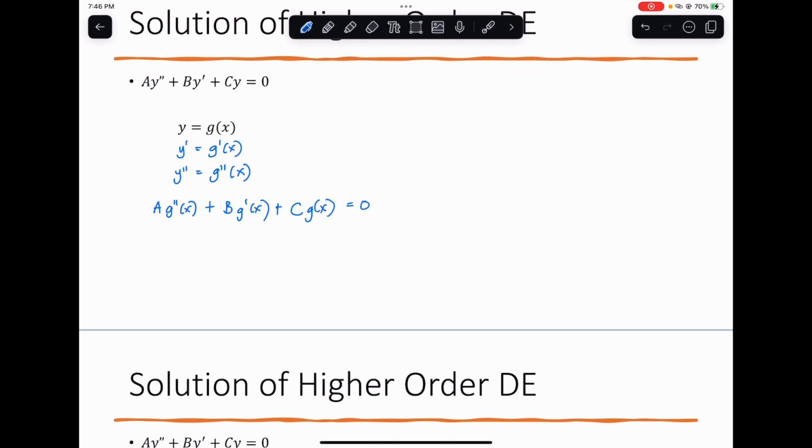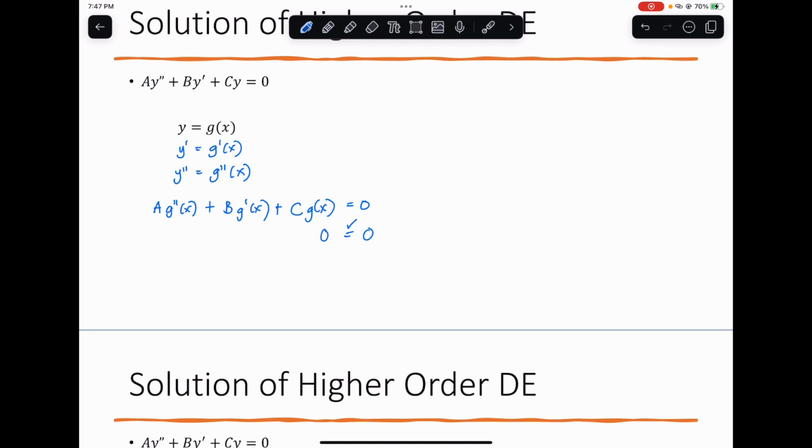As you can see here, the only difference is that one is using the y prime notation, and this time I'm just using g of x, a function of x. But that would still be equal to 0. Then 0 is equal to 0. So that makes the solution y equals g of x a solution of the differential equation.